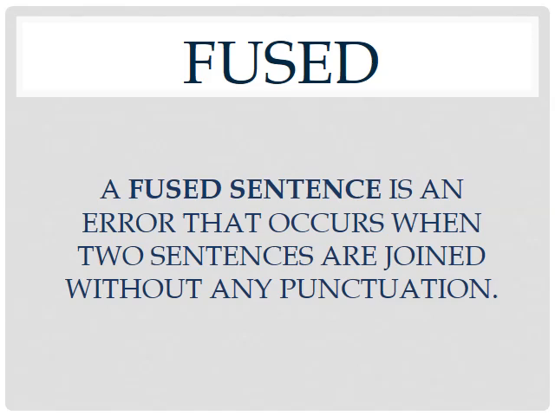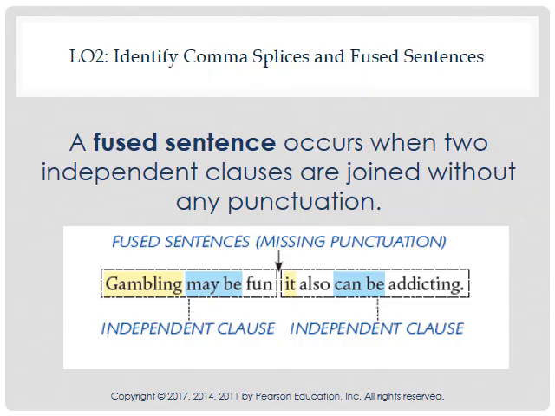An example: gambling may be fun it also can be addicting. Notice that there is missing punctuation between fun and it. I paused when I stated it verbally, which is fine, but you also want to put punctuation in at my pause, and there's missing punctuation.